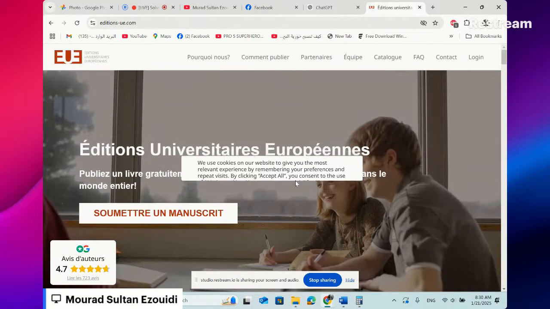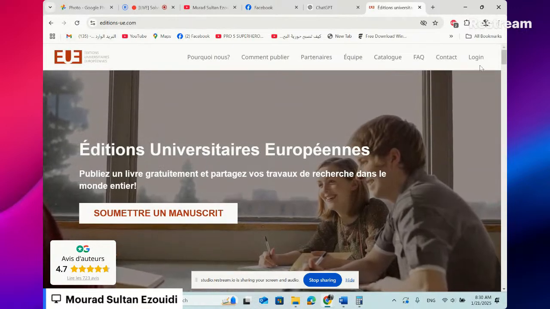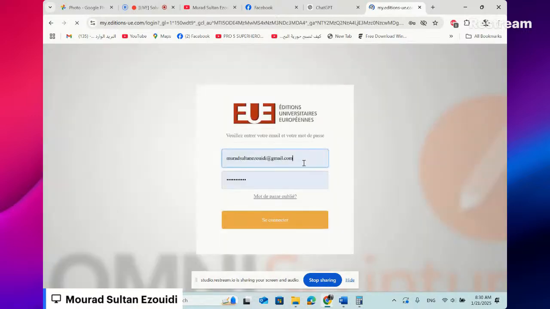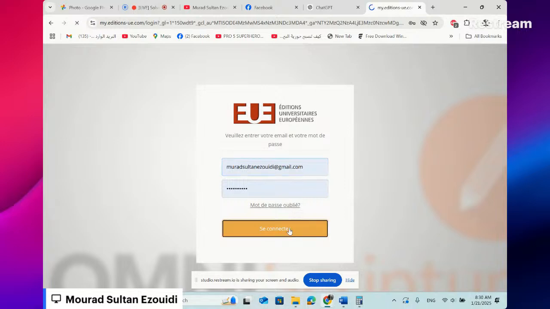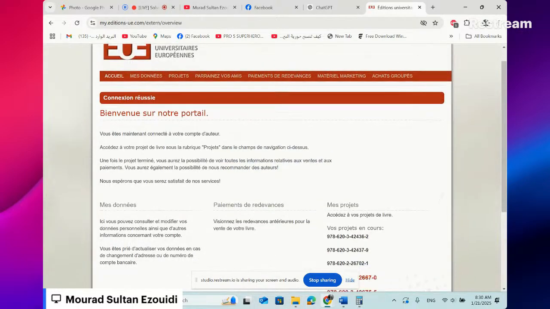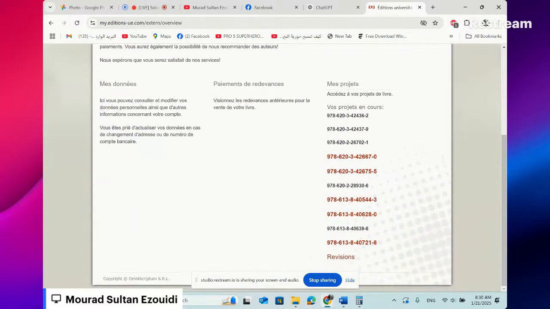Okay, reject both, login, connect. These are my professors and my colleagues. These are my projects, my books of mathematics.